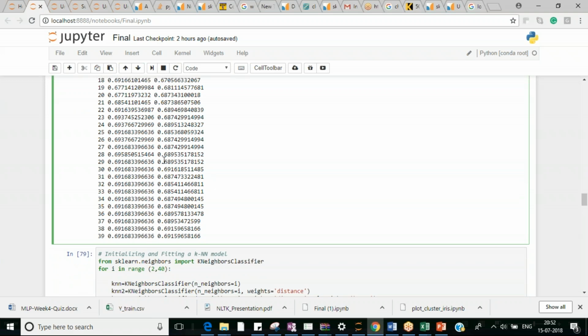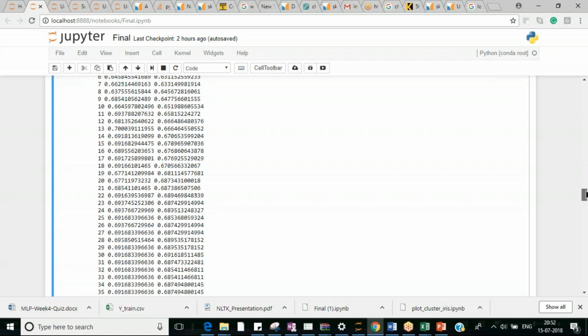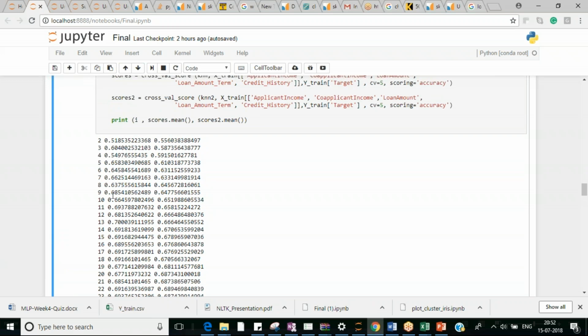Although our score is going down, if your nearest neighbor count goes up to 39, it will slowly converge, because if you have 40 data points, then your closer data points will always get more weightage, and slowly it will converge to what you are initially using. But if you see the initial ones, there's a huge difference.